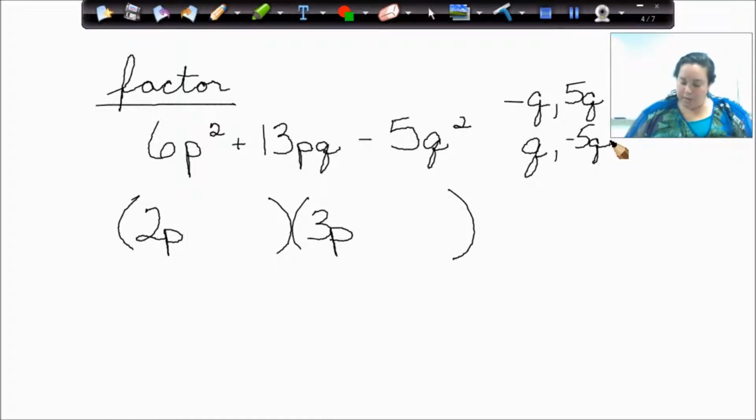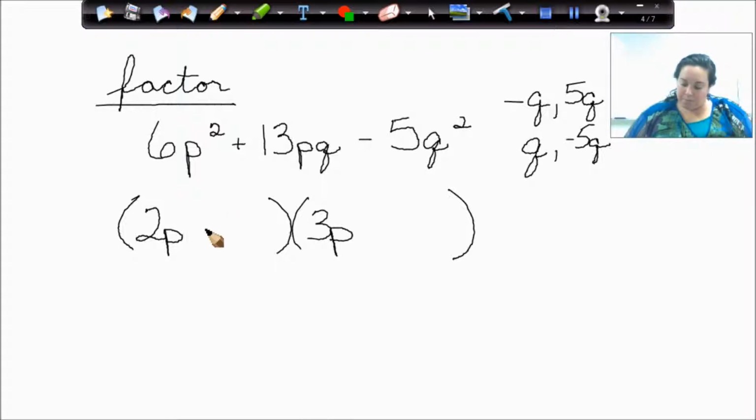So let's try them. This is where we can use our intuition a little bit. We want a positive number in the middle, so let's try negative q and positive 5q. That way we can hopefully get a positive number in the middle.